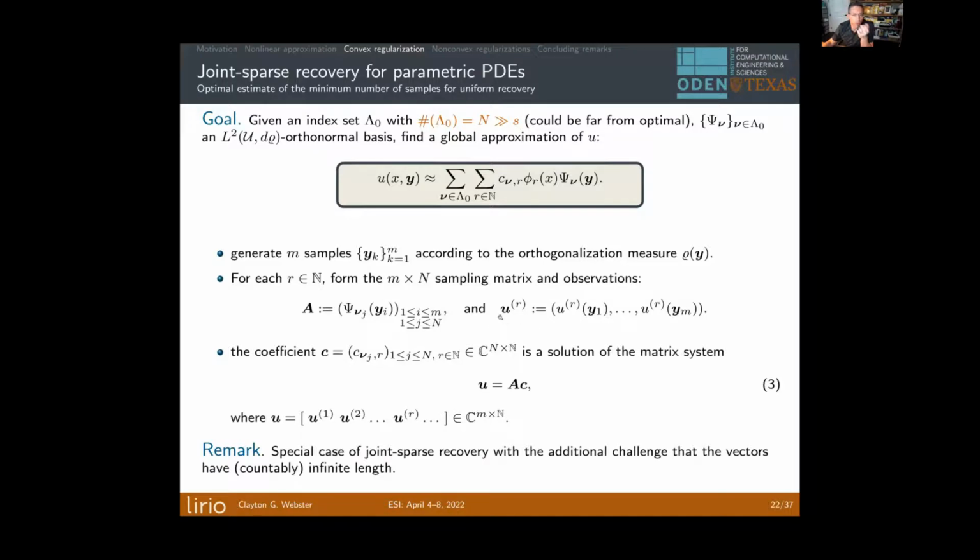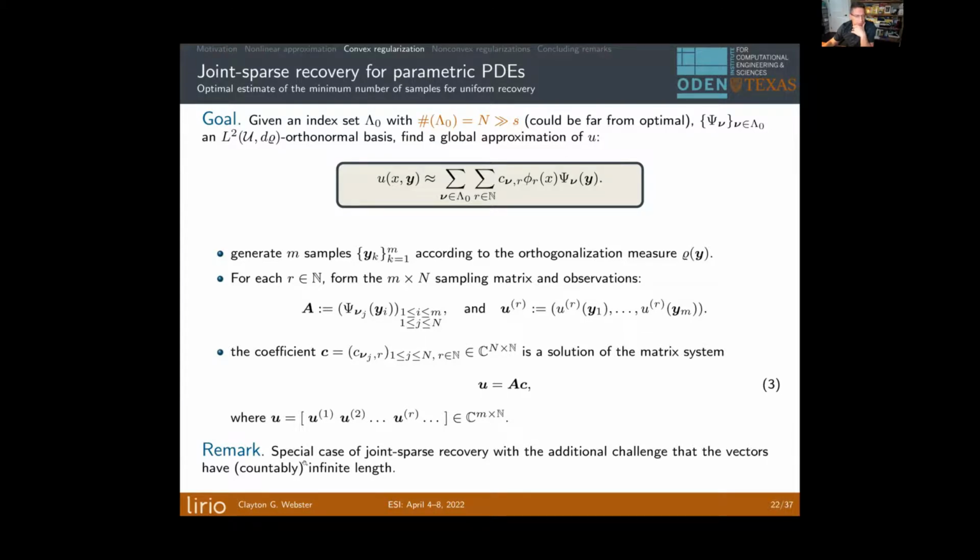And then again, for fixed R, I have the high dimensional data, which is again a vector, but each one of these will itself be a countable solution to, say, the PDE problem. The coefficients solve the same problem, except here the data itself, again, is a matrix in C^(M×N) itself.